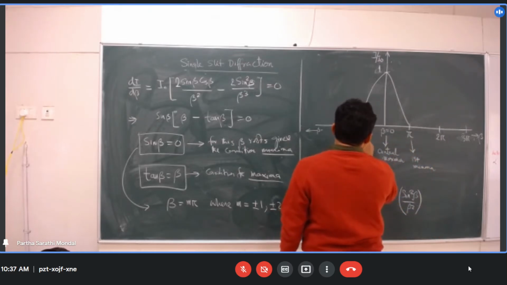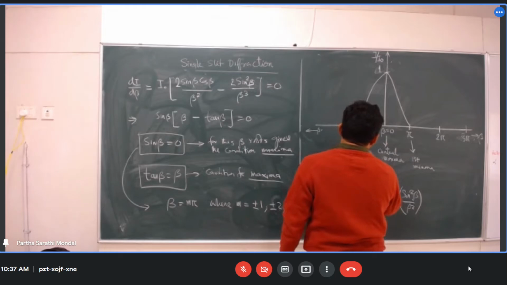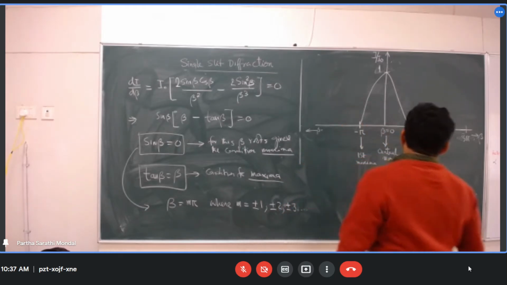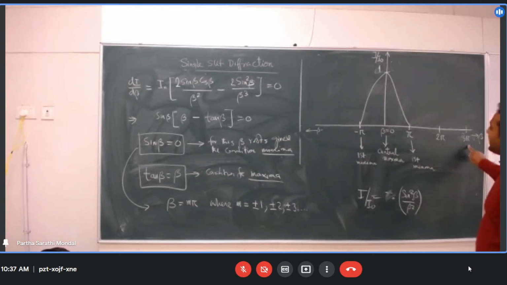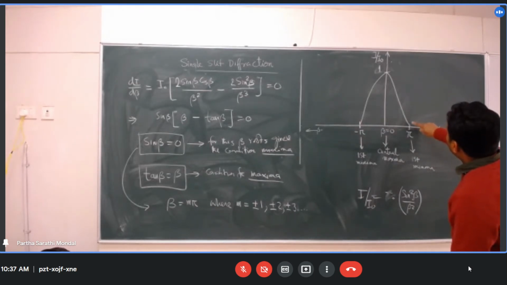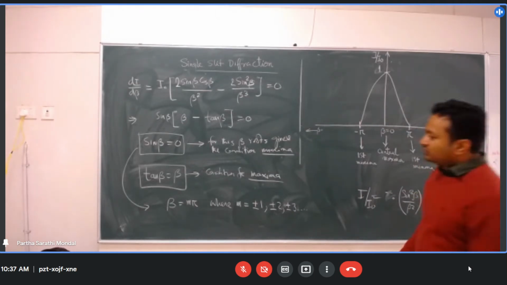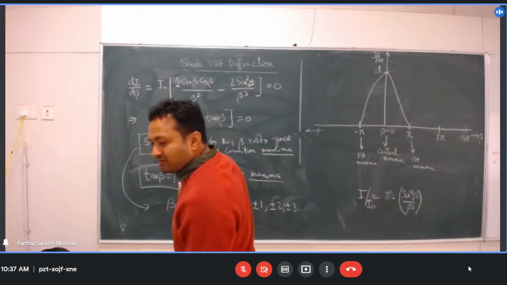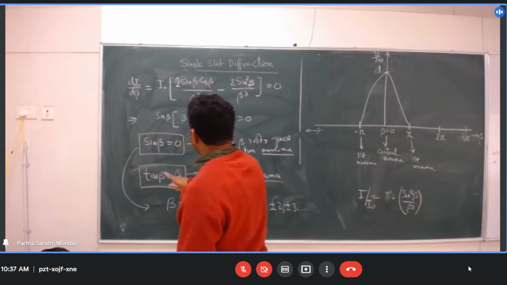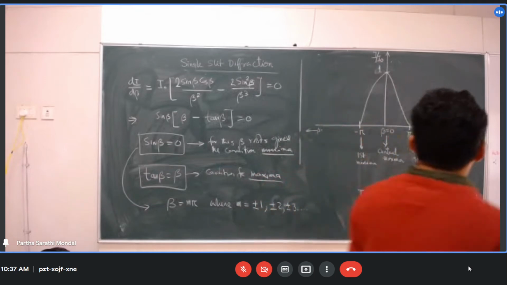This is also first minima. Either side you will get first minima. Okay, and this is second minima, third minima, but I don't know where is the first maxima. So this solution will give you the value of beta for which you will get first maxima.